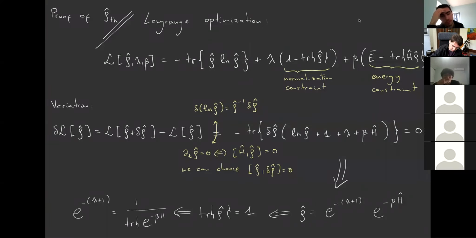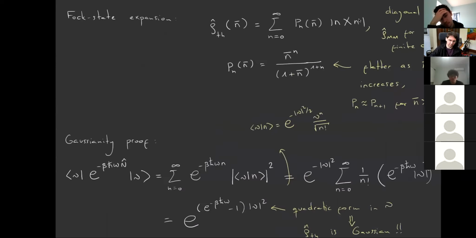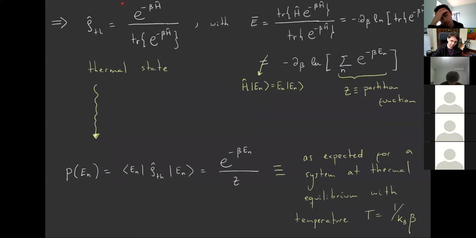Okay, and this finishes the proof that the state that maximizes the entropy for an energy constraint is exactly the thermal state that we have defined in here.